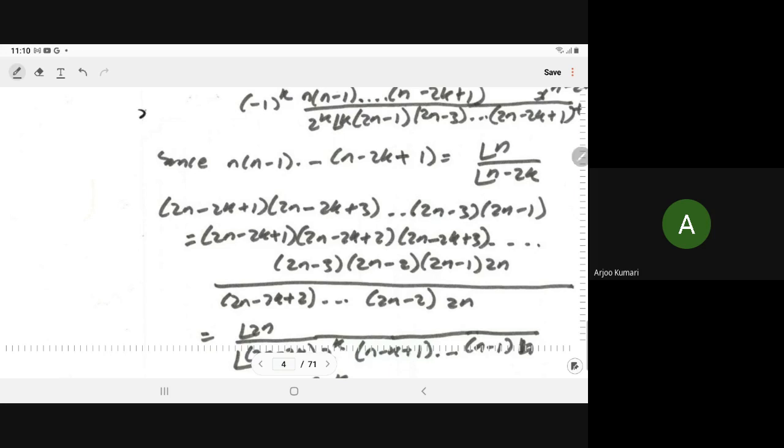This is the x to the power n minus 2k. It is not visible, so x to the power n minus 2k.